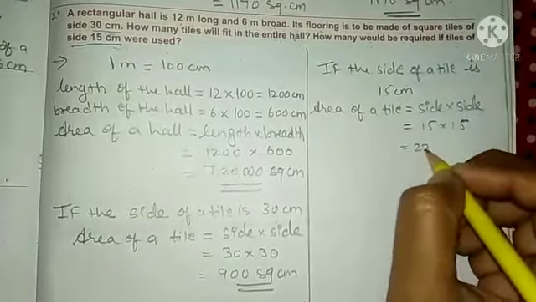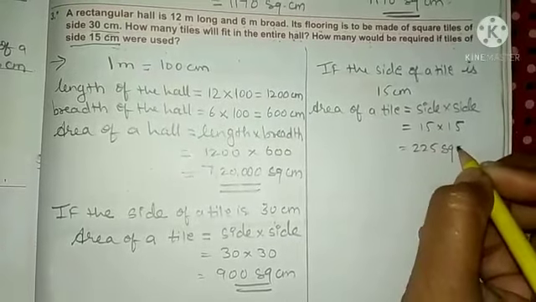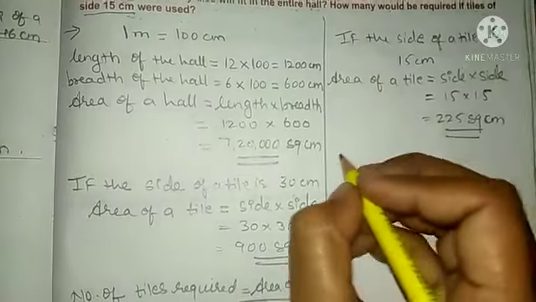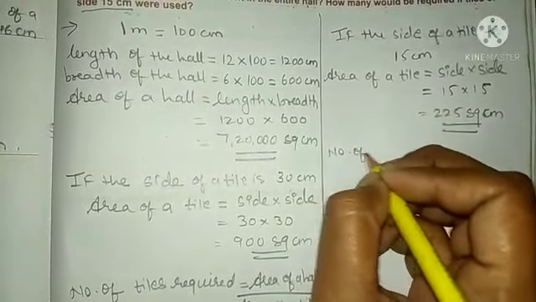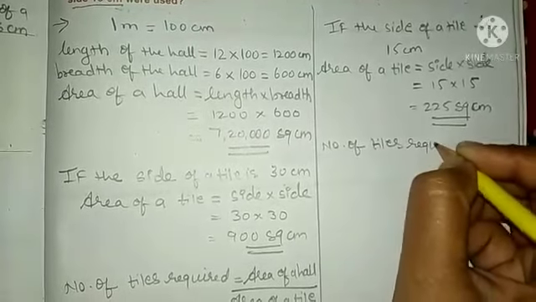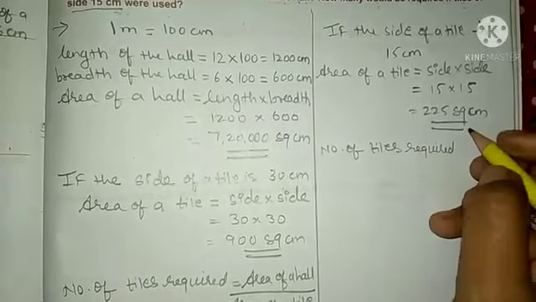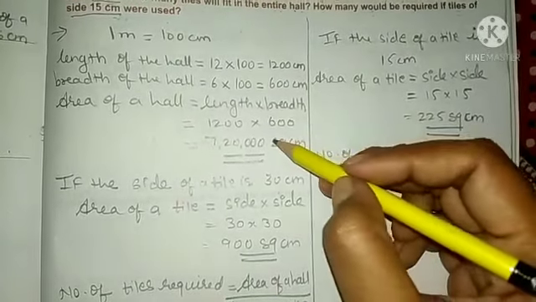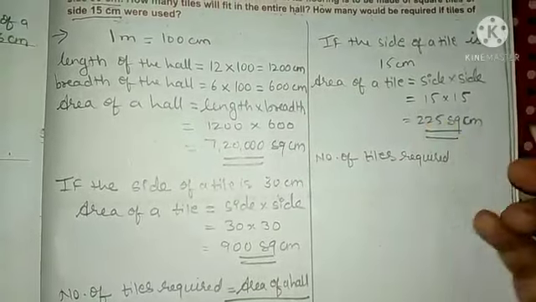What you will get? 225 square centimeter. Clear? Now what we have to find out? We have to find out the number of tiles. So how you are going to find out the number of tiles required? What you have to do, you have to divide what? The area of the hall by the area of a tile.